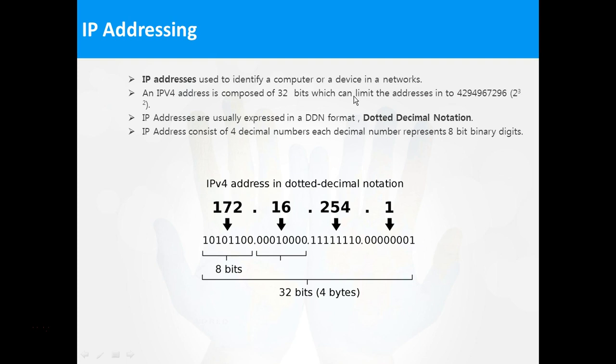So this IPv4 address is expressed in DDN format. This DDN format has a 32-bit length. This 32-bit length is divided into 4 compartments of 8 bits each.